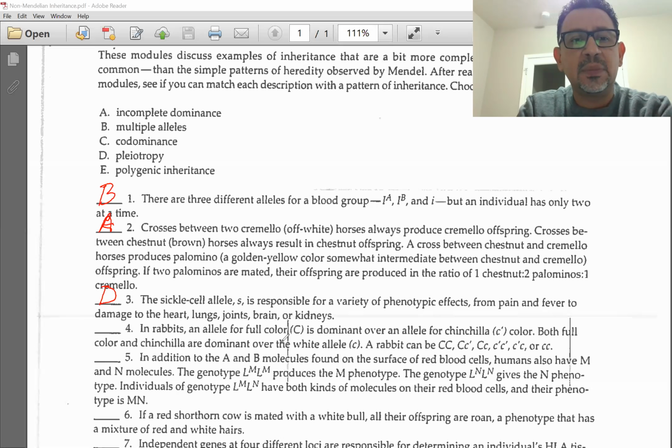Number 4. It says here that in rabbits, there is an allele for full color, which is represented by the capital C. There is also another allele for chinchilla, written as lowercase c with a little mark at the top of the c, called c prime. And there is also a white allele, which is a lowercase c.